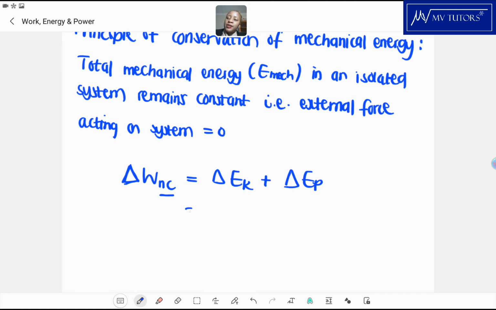Okay, and if I were to just write that out fully, with the change in kinetic energy, I illustrated it before. So it's just half mv squared. But because half and m are constant, I'm just going to write there final velocity squared minus initial velocity squared.